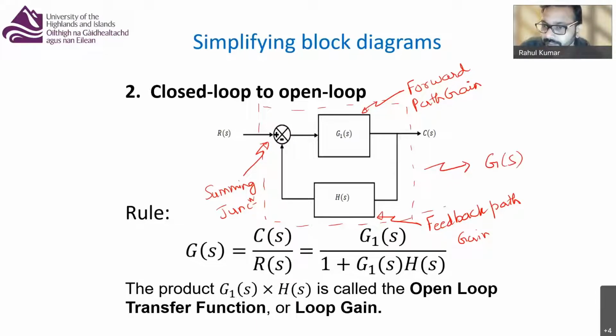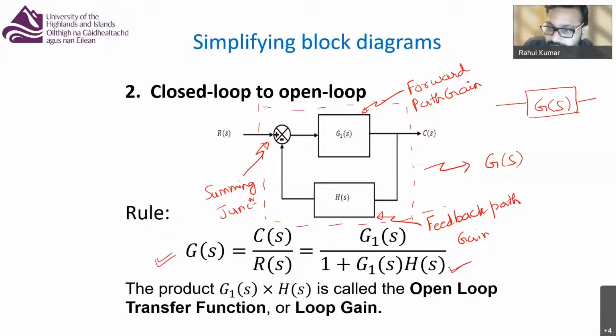That is, you can convert this closed loop system into an open loop system like that, right? Where your G of s will be given by this formula here.